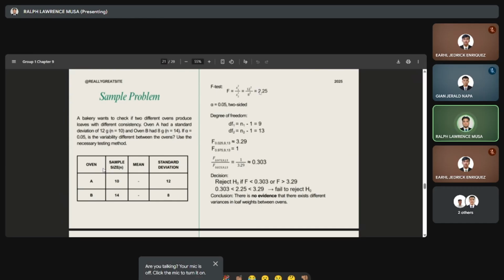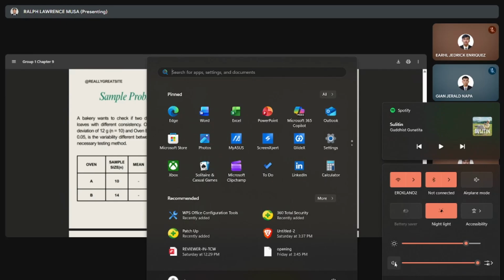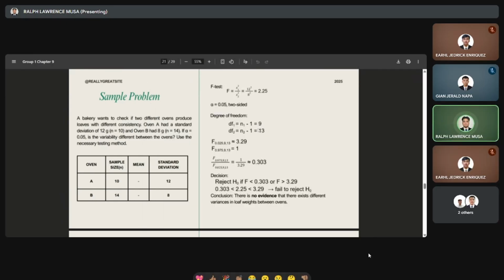Simplifying it, we get 2.25, and if alpha is equal to 0.05, which is two-sided, that would be the answer for our F-test. For degrees of freedom, we compute it using this formula: n sub 1 minus 1 is equal to 9, and for DF2, n sub 2 minus 1, which is 13.